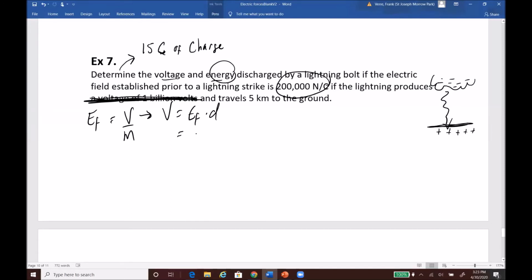So in that case, it would be 20,000 newtons per coulomb times the distance of 5 kilometers, but that has to be in meters. So that would be 5,000 meters. And if we do that, we should get 1 billion volts.